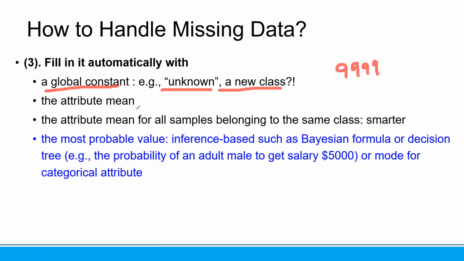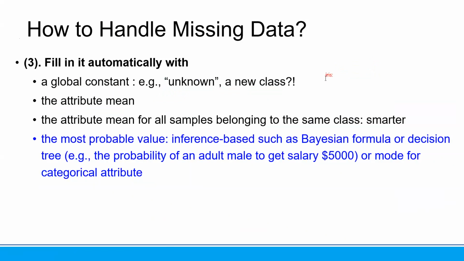If your data has a numerical attribute, sometimes we can replace it with the attribute mean, or the attribute mean for all samples belonging to the same class. For example, if you still remember, we learned about the iris data.